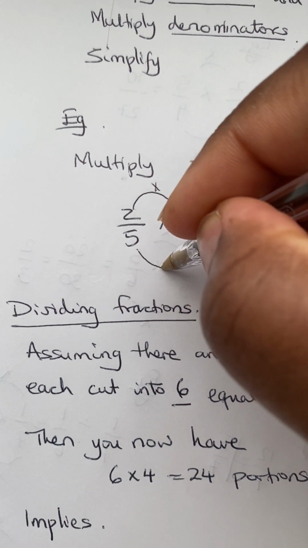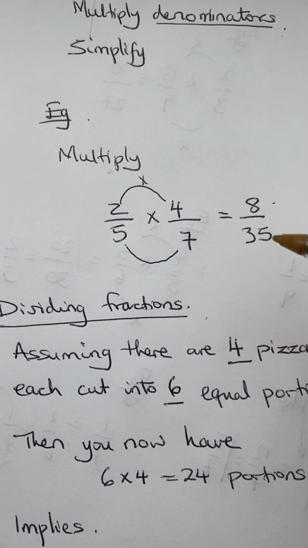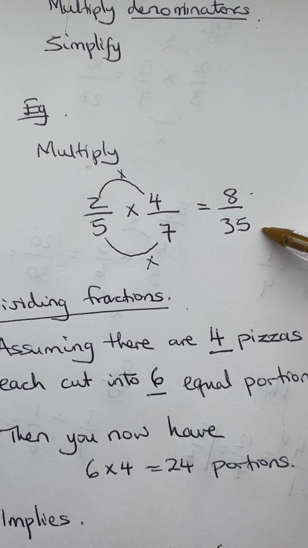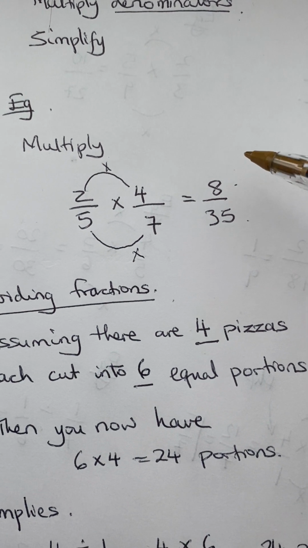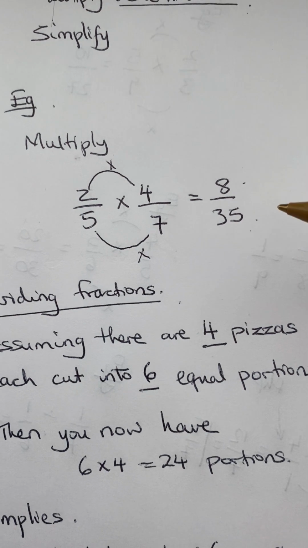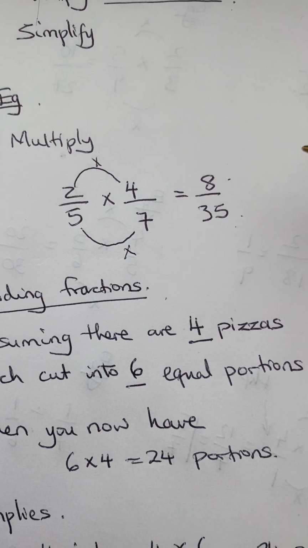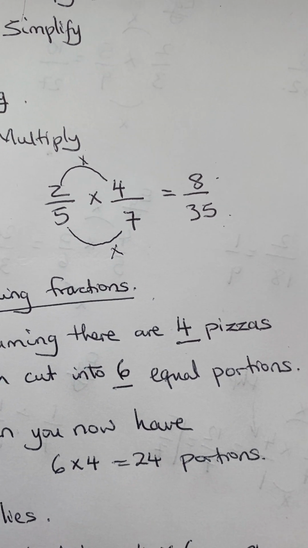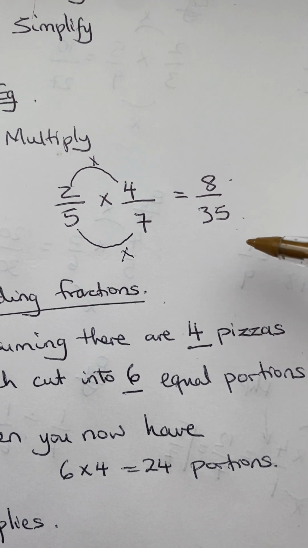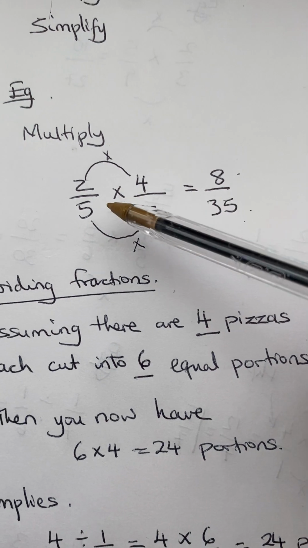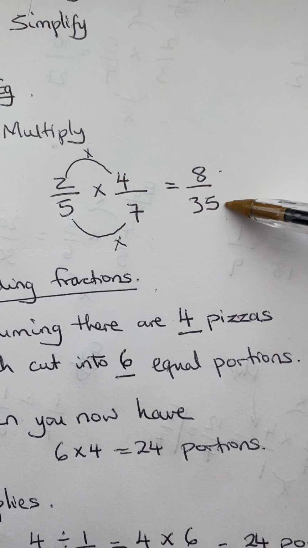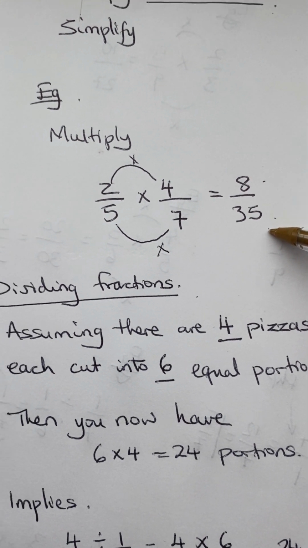And if I multiply 5 by 7, I'll get 35. Now, 8 and 35 don't have any common factors, so this is actually the lowest form. We won't reduce it any further. So our answer to multiply these two fractions is 8 over 35.